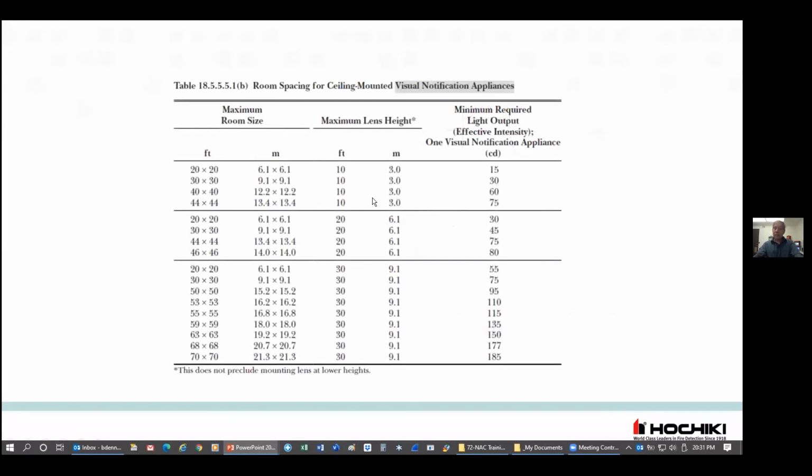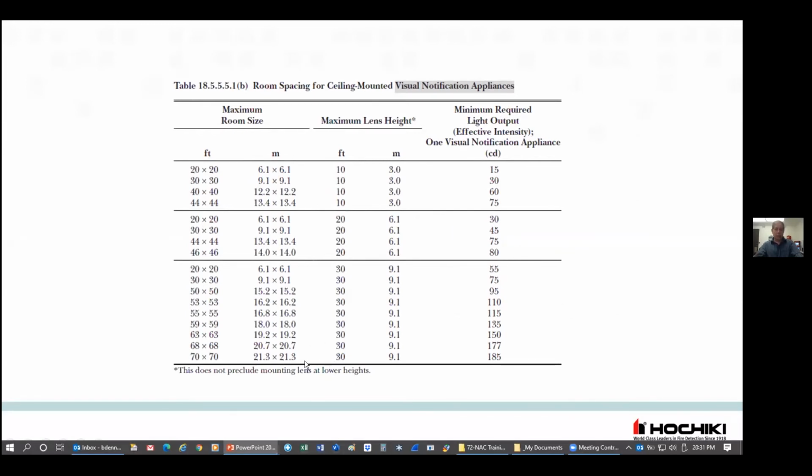We can use ceiling mount strobes as well, and there's a table for that, and it follows a similar sort of scheme. We look at the area of the room, square feet, square meters. We look at the mounting height of the strobe, 3 meters, 6.1 meters, or 9.1 meters above the floor. And then we can choose, or obtain, the correct candela rating to be sure that we properly cover that area.